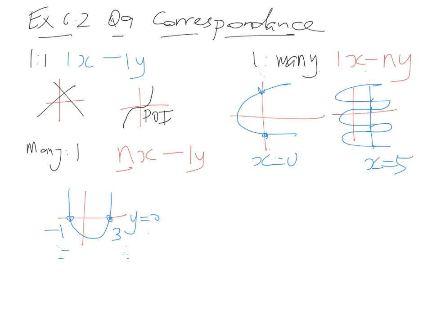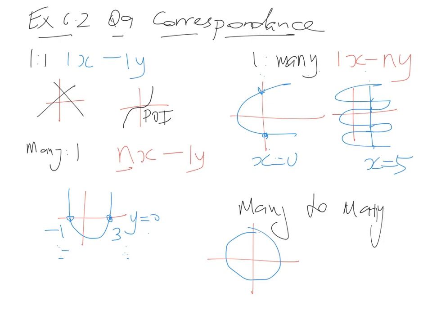Alright, now the last one we're going to have a look at is this idea of many-to-many. In this, lots of x values have lots of y values possible. These happen with things like circles. With a circle, we can have, say, an x value here of -2, which corresponds to a y value of 2. We can also have another x value of -2, which corresponds to a y value of -2.